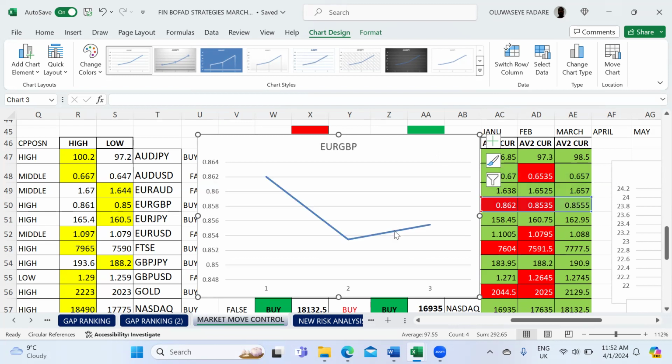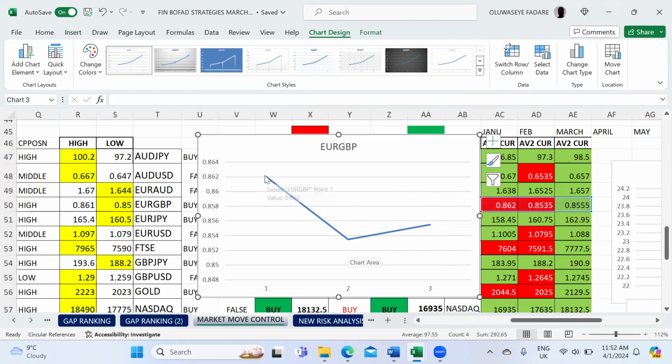So what you want to achieve in this is to have a peak, highest and lowest. And that first peak will determine the direction of the market. So it's either this becomes our first peak and then the market will be a sell for the rest of the year, or this becomes our first peak and then the market becomes a buy for the rest of the year.